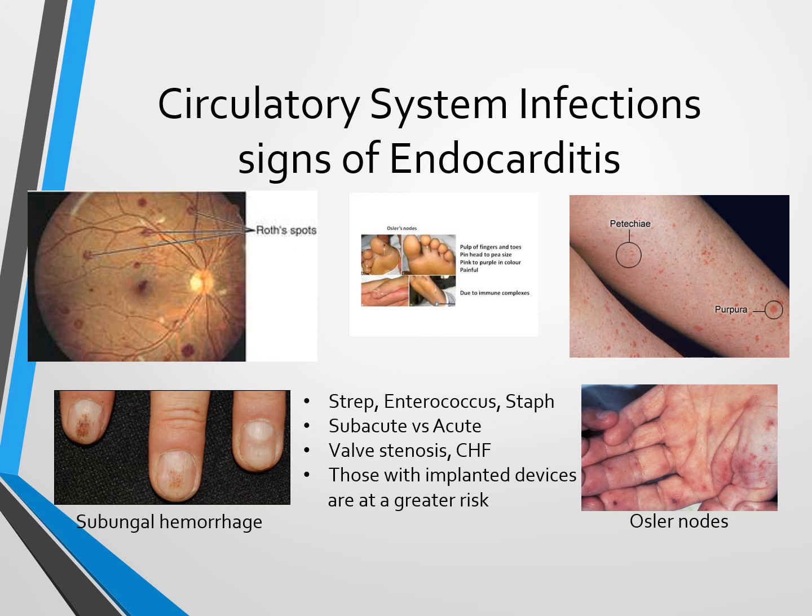Because it does attack the valves, it can lead to incompetent valves or insufficiency of the valves, which can lead to heart failure. There may also be abscesses that are seen in the muscle of the heart, the myocardium.